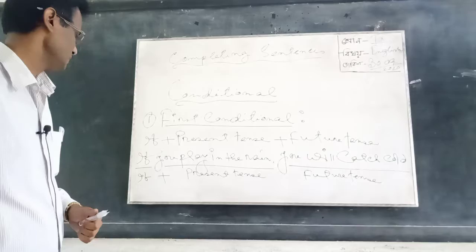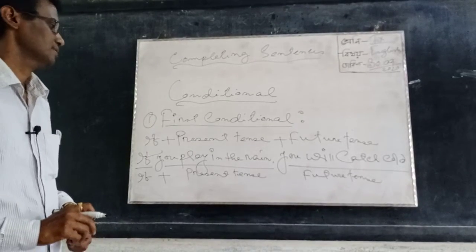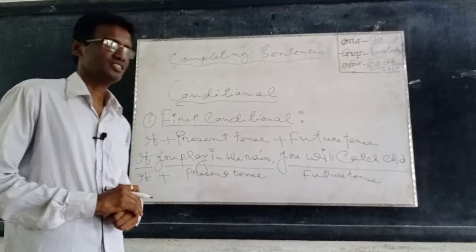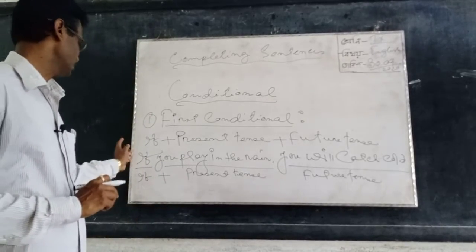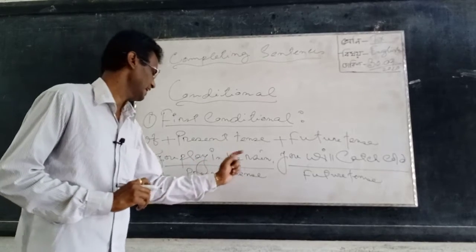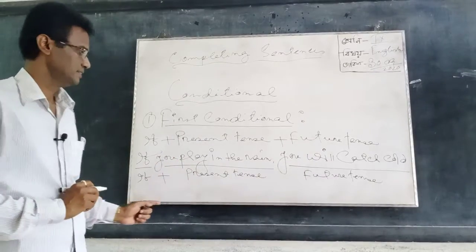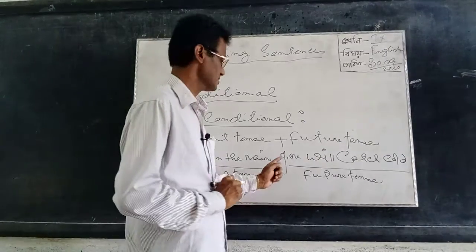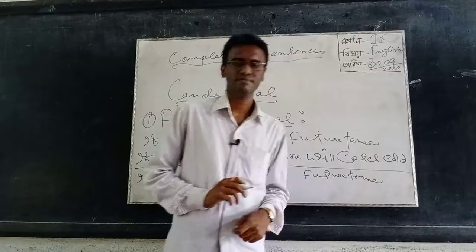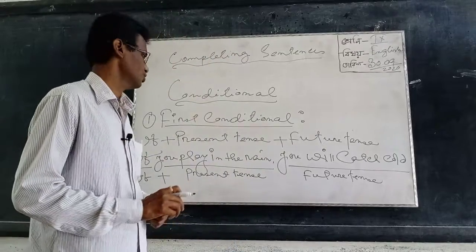If plus present tense plus future tense. This is the first conditional. In 'if you play in the rain', play is PB1, and the future tense structure is subject plus shall or will plus PB1 plus object plus extension. So this is called the first conditional.